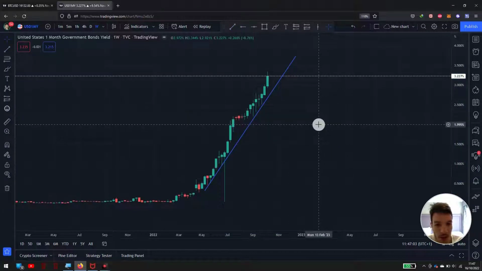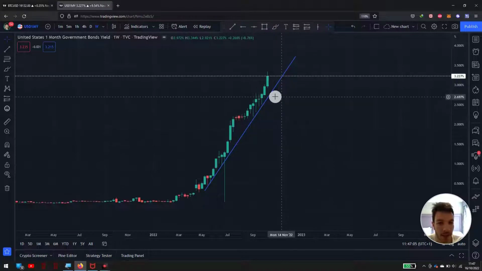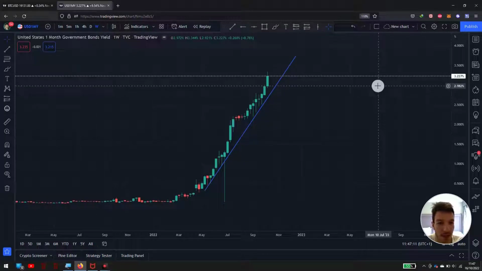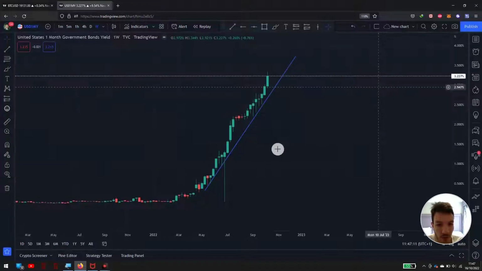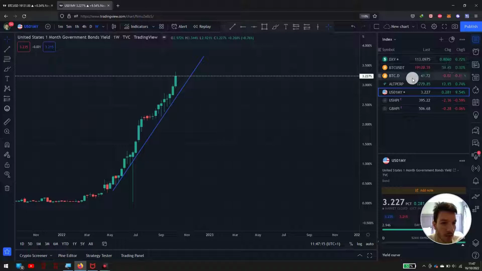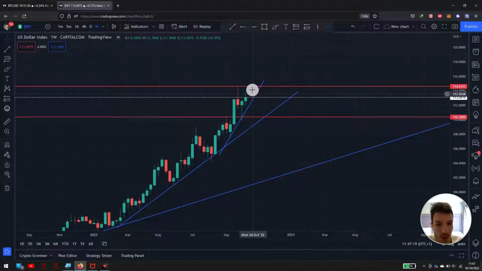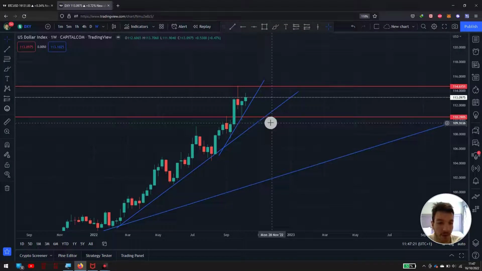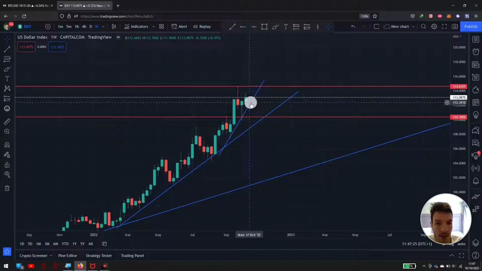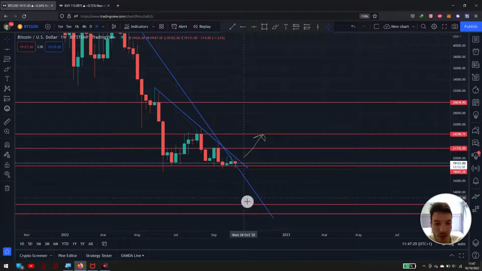If the interest rate in the United States goes down, that means probably we can see some move on the US dollar, and the US dollar starts to drop down. But if the interest rate keeps going up, we can also see that the US dollar keeps going up, and then everything else just crashes.